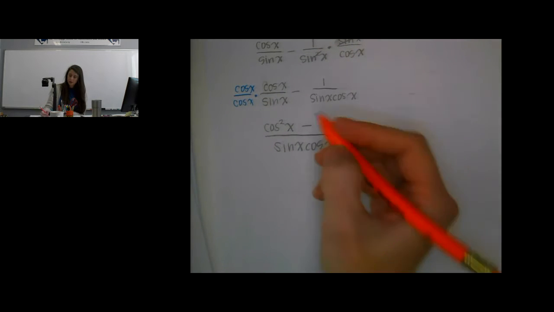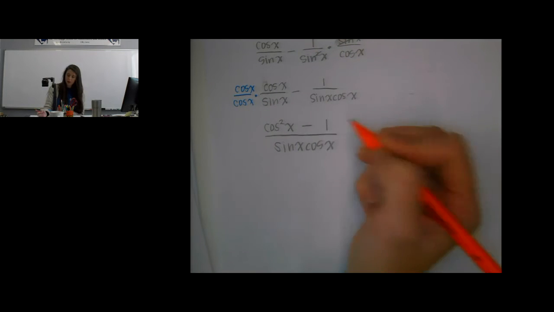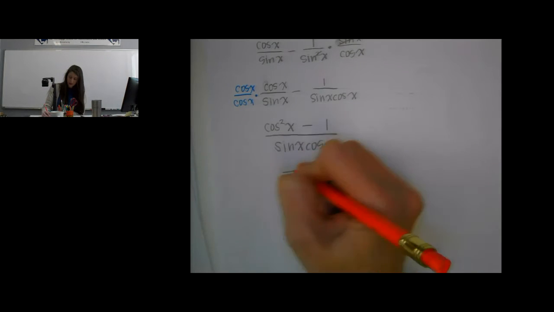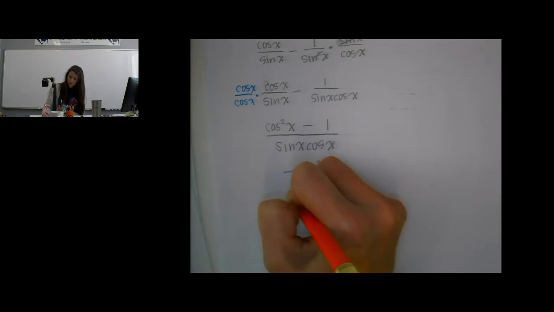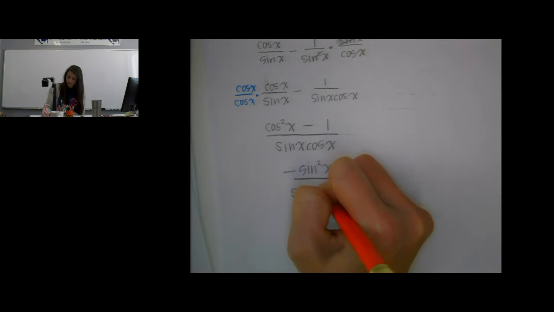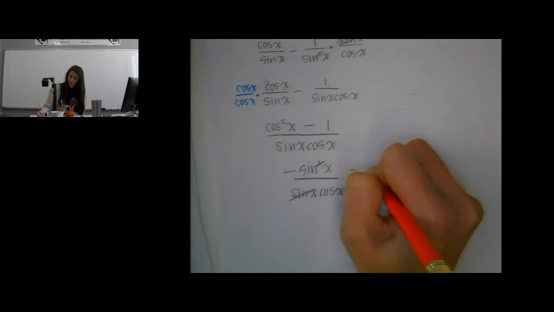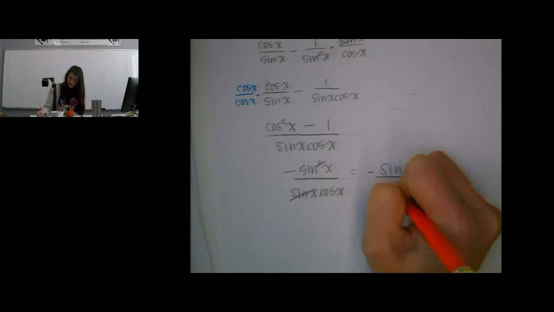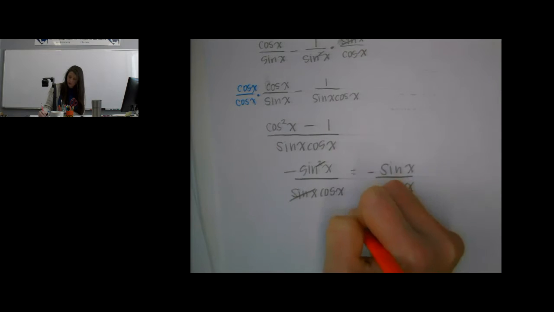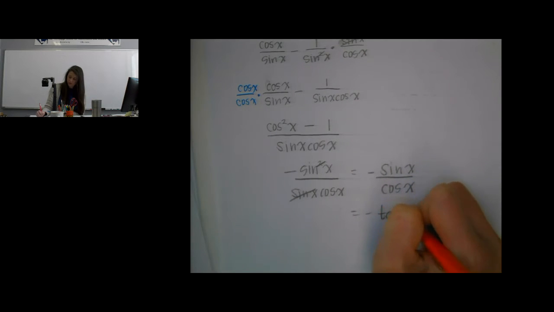And then cosine squared x minus a 1 would be a negative sine squared x. So one of these is going to go away. So you're going to be left with negative sine x over cosine x, which is going to be a negative tangent x.